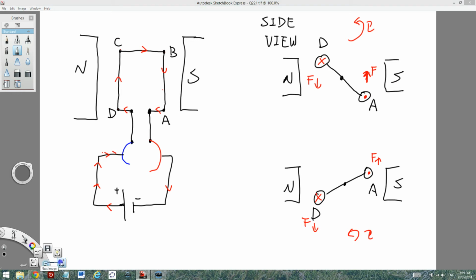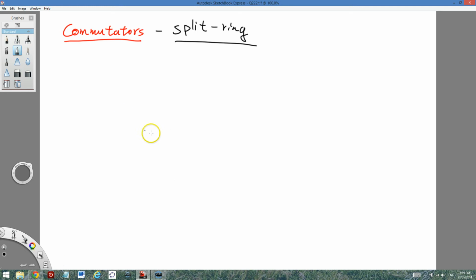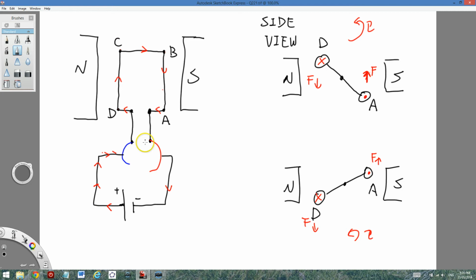So the reason commutators are important is, for VCE, the exam, and in reality, it is important because without the commutator, the DC motor could not work. I'll show you what it looks like.